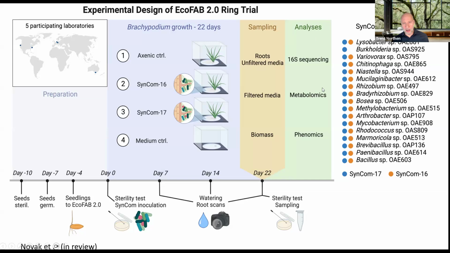All of the labs performed phenomics, so they scanned the roots to look at the morphology. And then they collected samples for 16S sequencing and metabolomics. Since it's known that metabolomics particularly varies lab to lab, we decided that our lab would do all the metabolomics and sequencing just to keep it nice and simple.